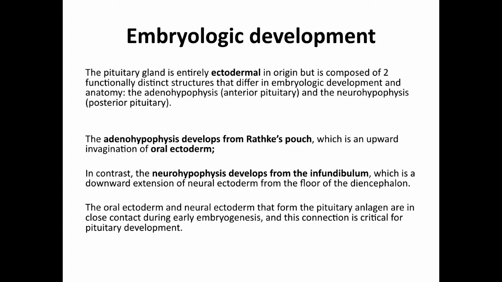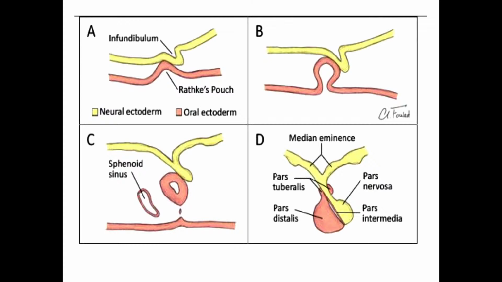To see how it is created, the anterior part is an outpouching of Rathke's pouch, extended with a round shape, and after some time it becomes rounded and is no longer connected. The infundibular part is created from the floor of the diencephalon and comes downwards.